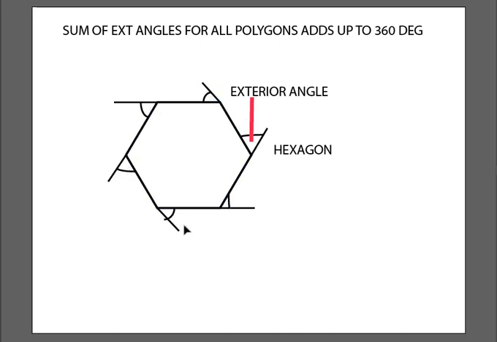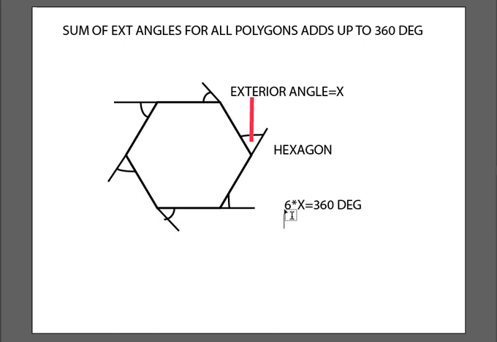According to mathematics, if one exterior angle is equal to x, we can safely say that 6 exterior angles, 6 times x, gives you 360 degrees according to principle.